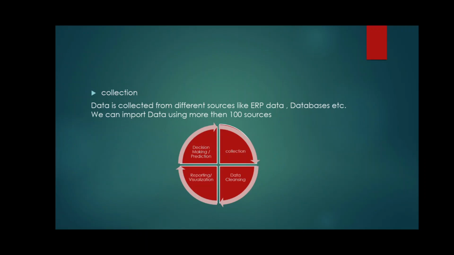In industries, the data is collected from ERPs, databases like SQL Server or other types of servers. And we can import data from different resources like CSV file, JSON file, and many more.